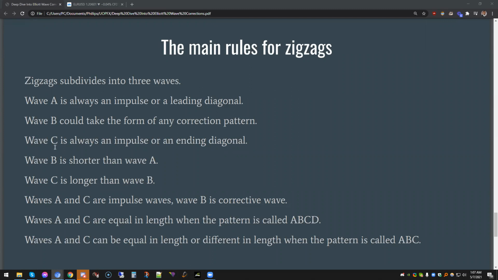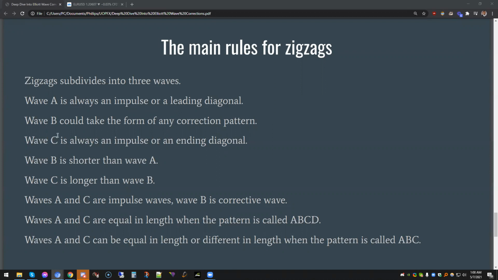Now with a zigzag, the A wave is always an impulse or a leading diagonal formation. We have not gone into diagonal formations as yet, but it's good to keep in mind that the A leg could also be a diagonal formation. If you guys are a bit more familiar with triangles, it's something closer to a triangle.